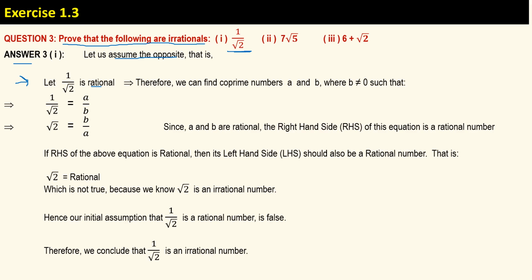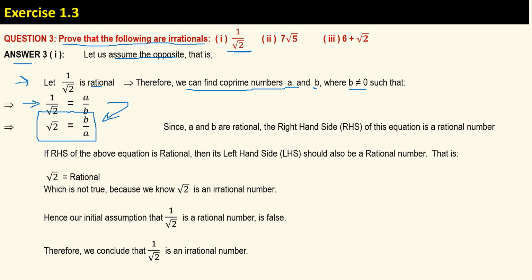So if this is a rational number, we can find two co-prime numbers a and b where b is not equal to 0 such that 1 divided by square root of 2 can be written as a divided by b. If we rearrange it, we get square root of 2 is equal to b divided by a.